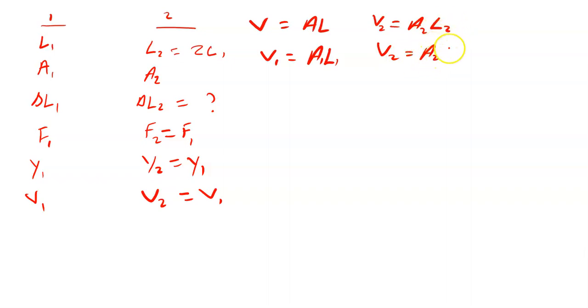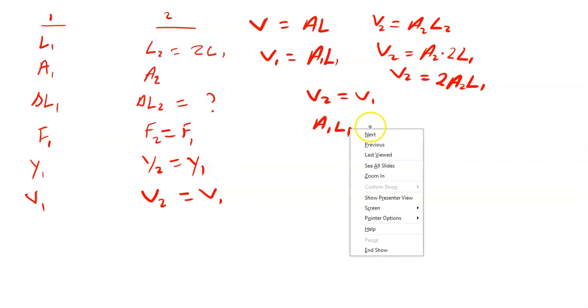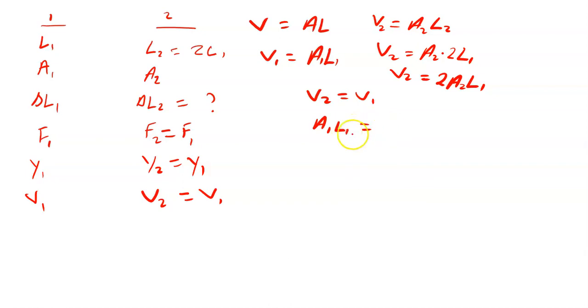But what is it that you know about the length for the second wire? The length for the second wire is twice the length for the first wire, meaning the volume of the second wire is 2 A2 L1. And clearly they are saying that the volume for the first and the volume for the second are the same. So here A1 L1 should be equal to 2 A2 L1.